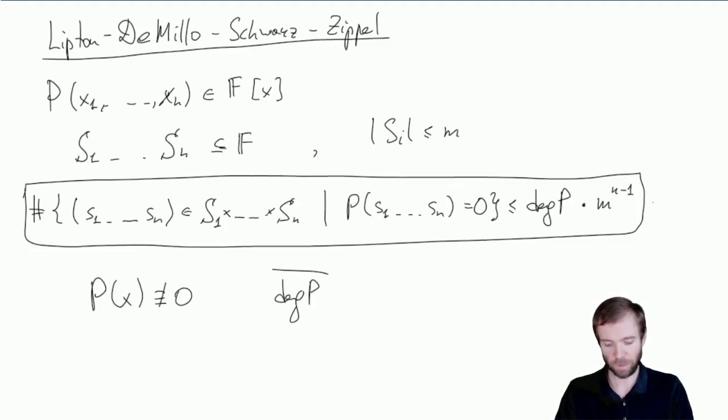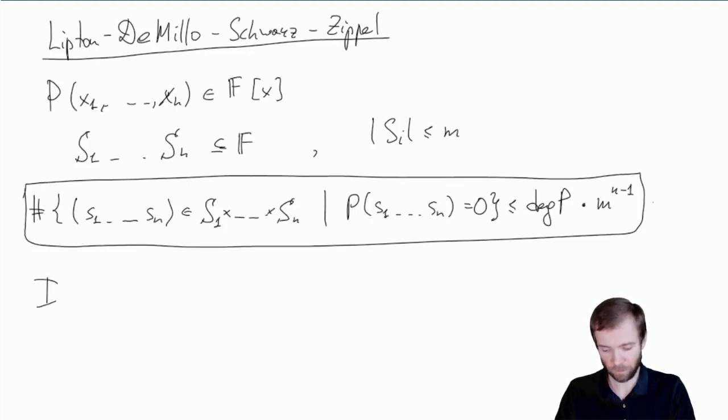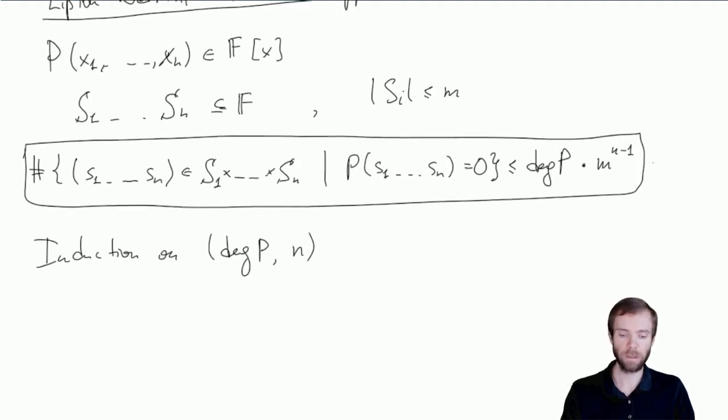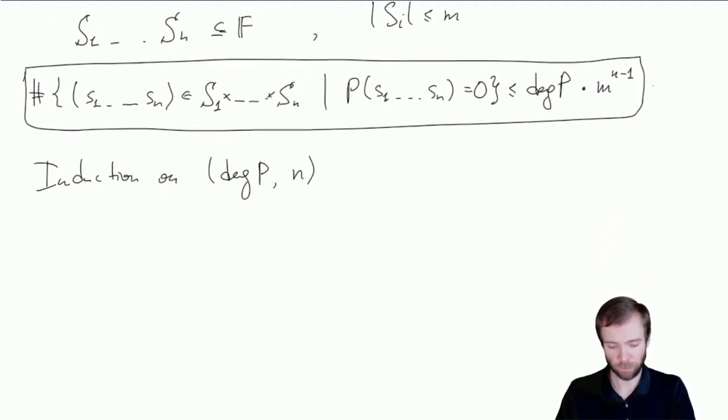We'll assume this as a known fact for a polynomial of a single variable, and now we'll prove the lemma by induction on the pair of values, induction on both the degree of the polynomial and the number of variables. So what does it mean to carry out the induction on the pair of values?